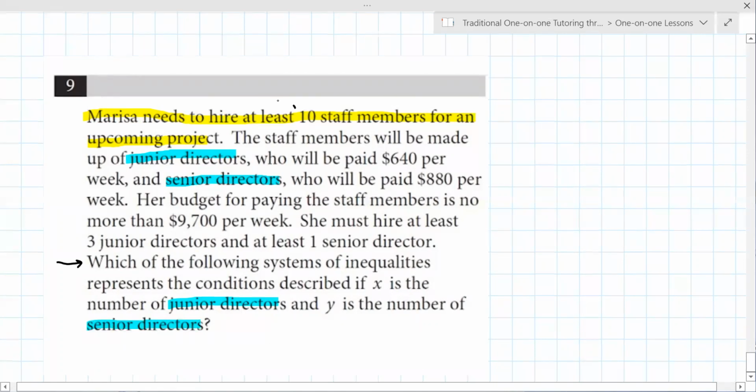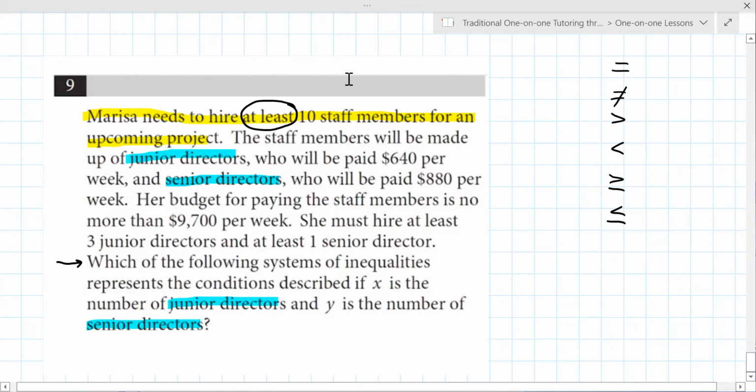What does the word at least mean in terms of an equation or a symbol? And here are your options. Which of those is at least? I think the bottom one. This one means at most. Yeah, the bottom, at least.